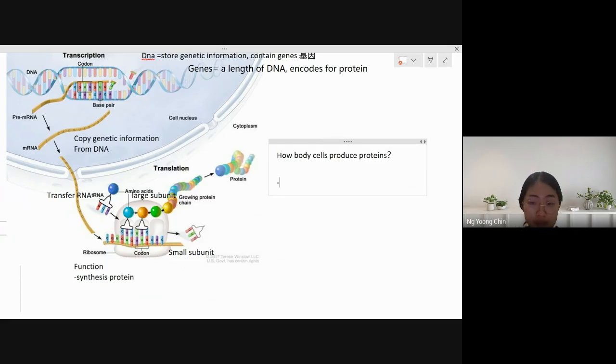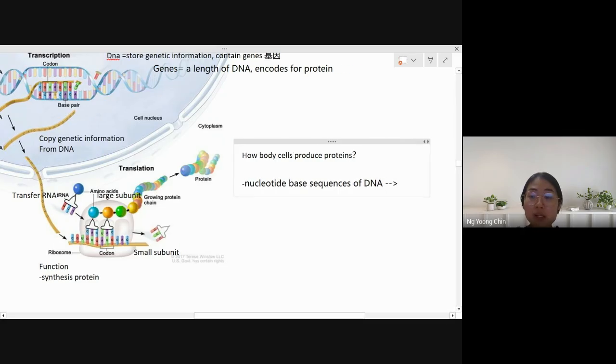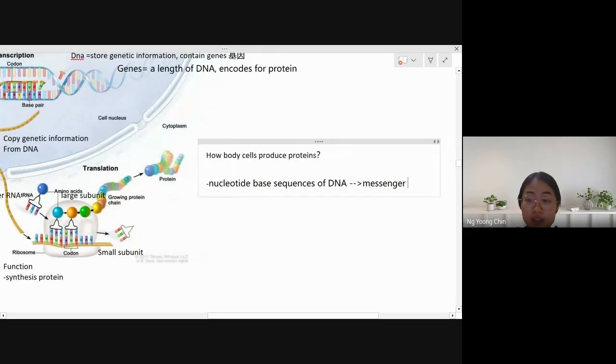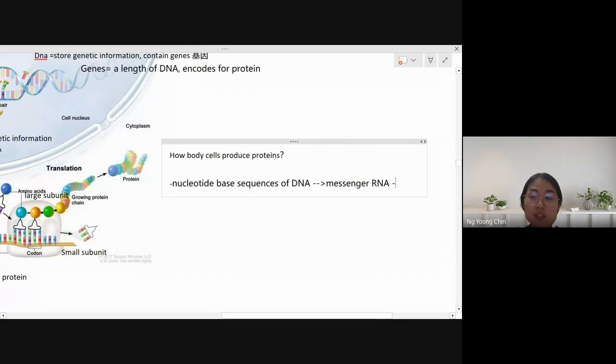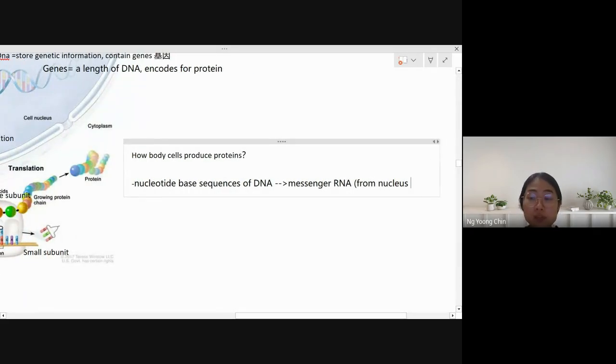You can write the nucleotide base sequence of the DNA. The nucleotide base sequence of DNA becomes the messenger RNA, or you can write mRNA. Then they will leave from the nucleus and get to the cytoplasm.